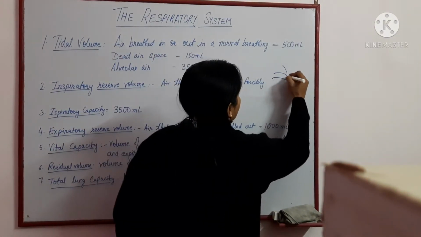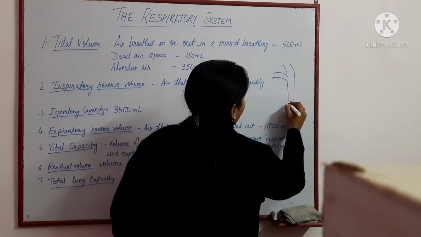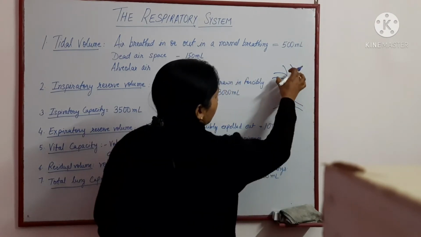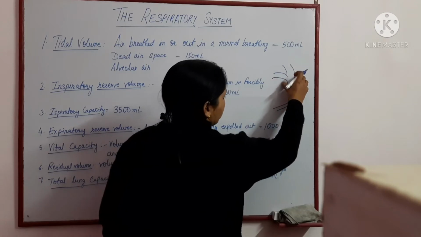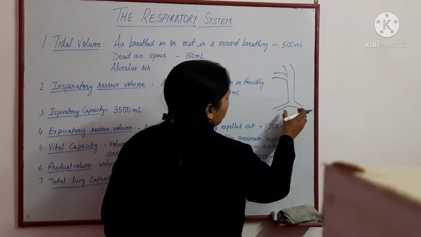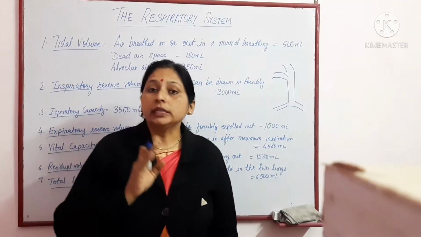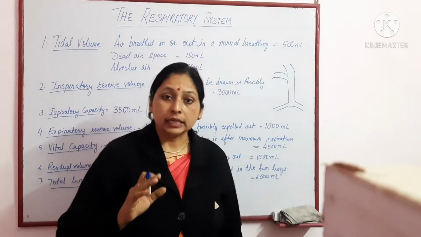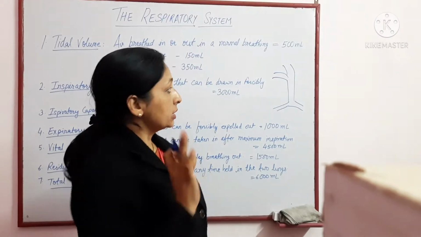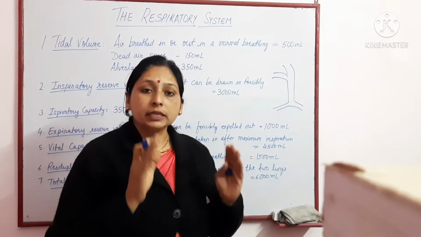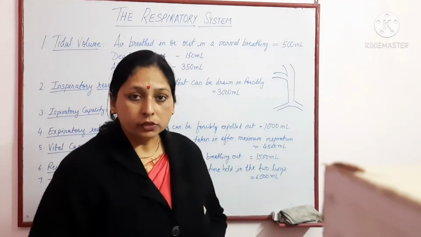Now, dead air space is this space, from the nasal passage, from the trachea to the bronchi. This is the dead air space where there is no diffusion of gas. Some of the air is left in the dead air space while the rest enters the alveolar sac.